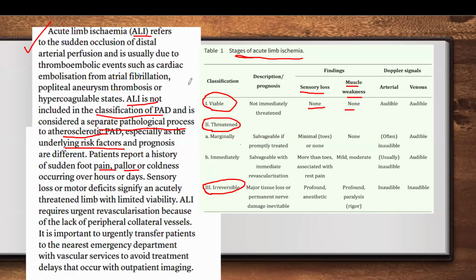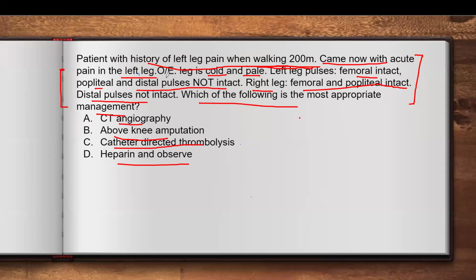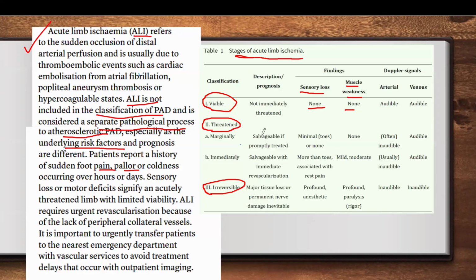And this is the case over here. The limb has pallor, is perishingly cold, pulses are lost, but there is no mention of paresthesias or paralysis. So this is a viable limb, it can be saved. Regarding Doppler, arterial and venous pulses are audible in Doppler ultrasound.